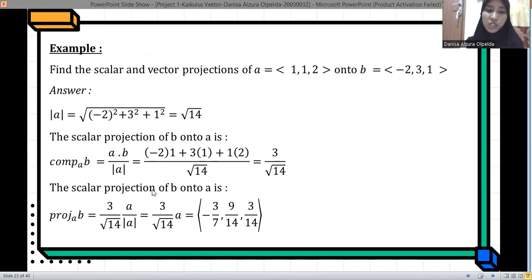So the vector projection of B onto A is proj_A B, equal to 3 over root of 14 times A over |A|. So it's equal to 3 over 14 times A, which is (3/14, 3/14, 6/14).